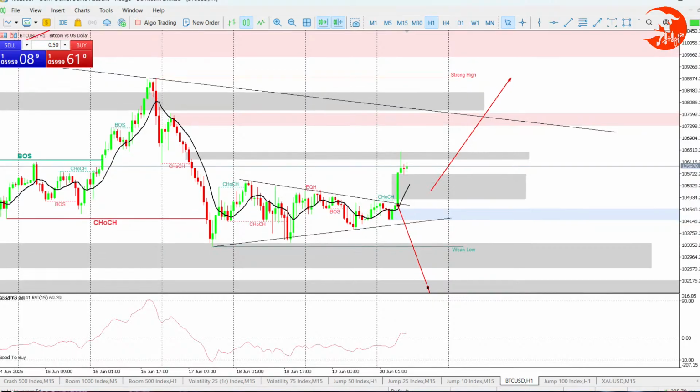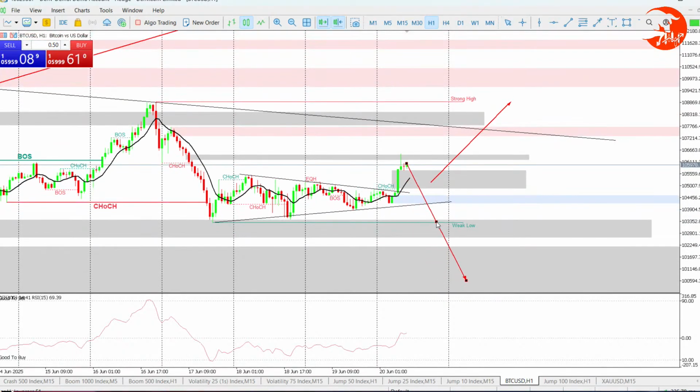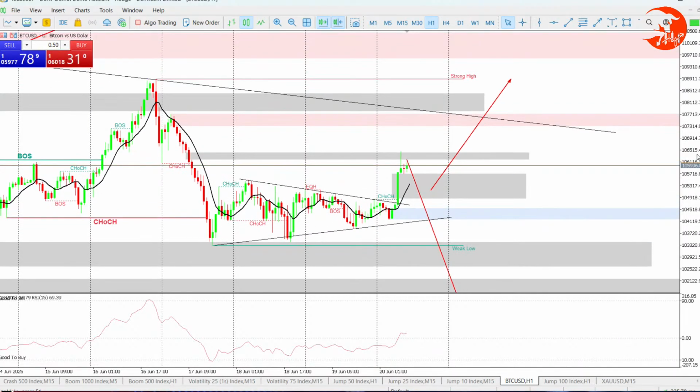So right about now, I wouldn't do anything. I would wait for a clear confirmation. But from what I've seen, the market is going to continue with sales. It's going to sell this asset, BTC. We are going to see sales.